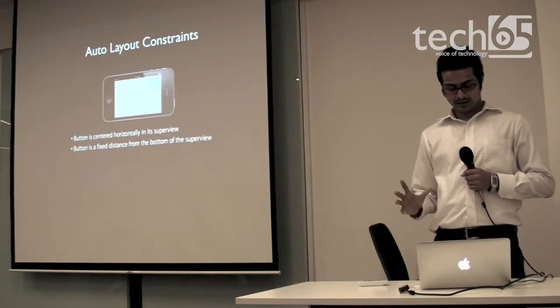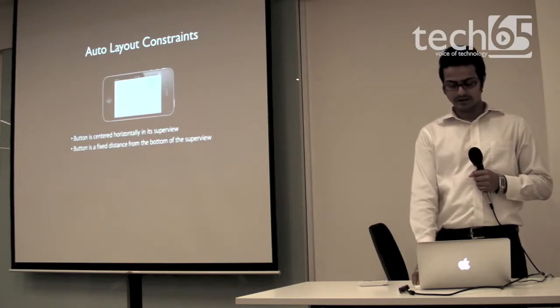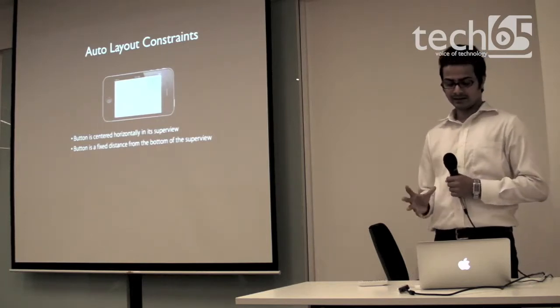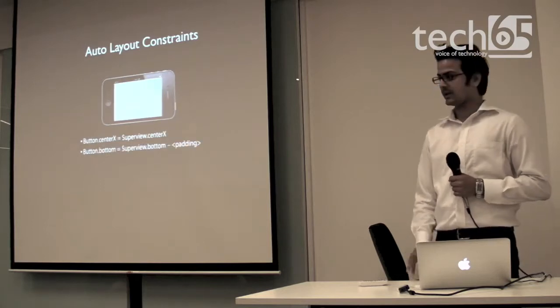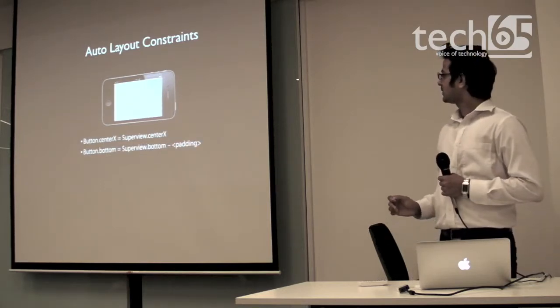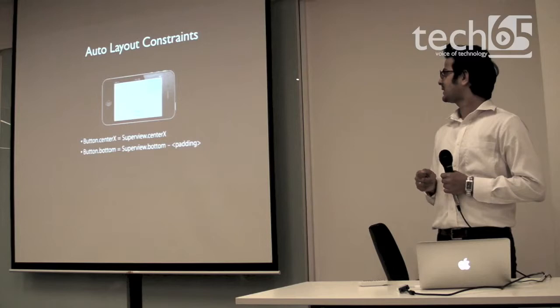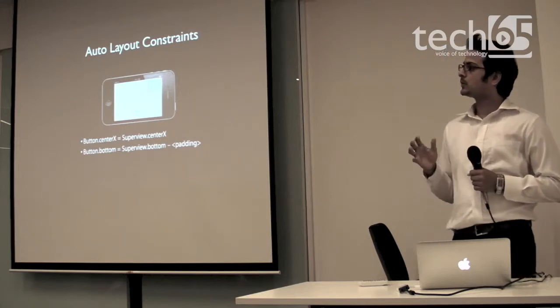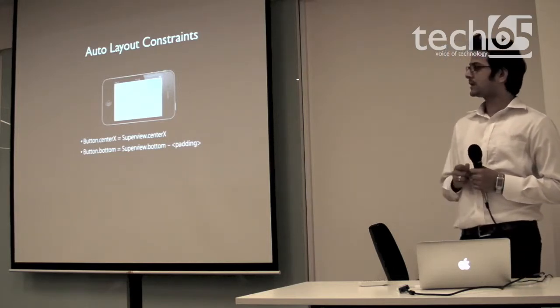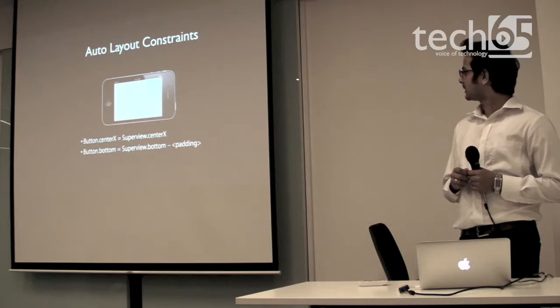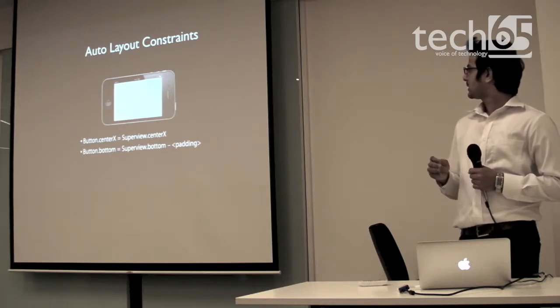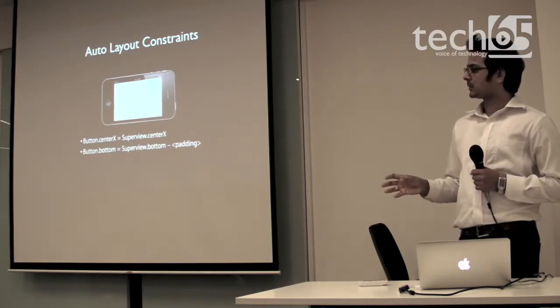So this is your description. The constant is how you define this description as a linear equation. Your button's center needs to be equal to your superview's center, and the bottom needs to be equal to the superview's bottom minus some padding.